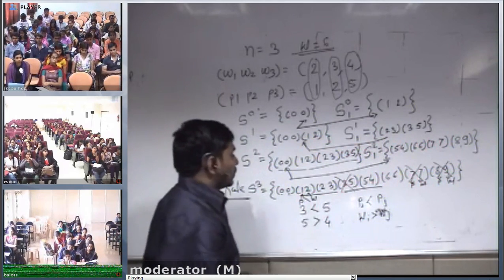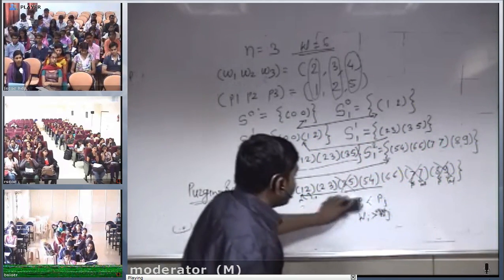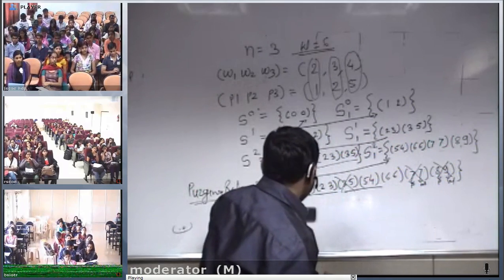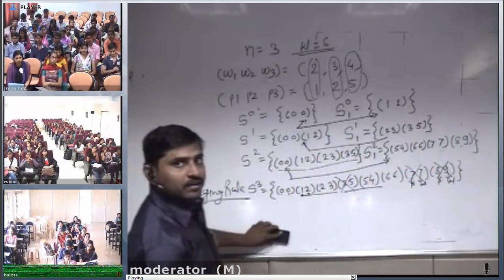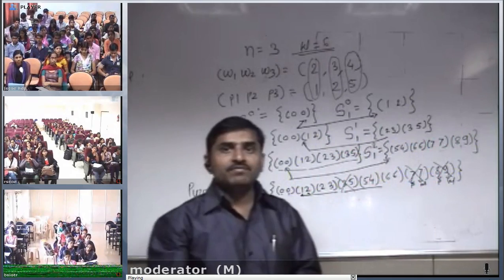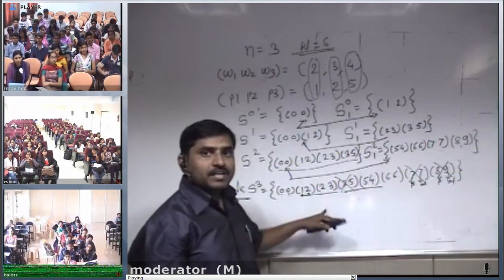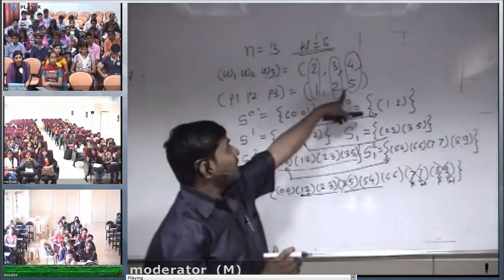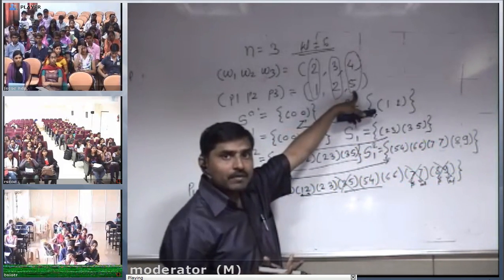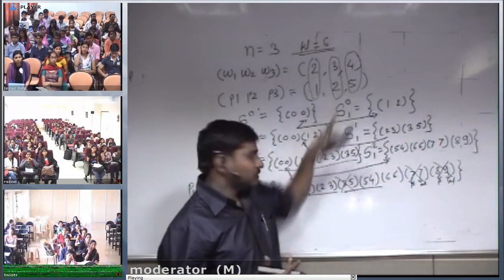Clear? Now, next step. After the purging rule, what is my last step? We find out the solution. What is X3? Will I take the third pair or not?